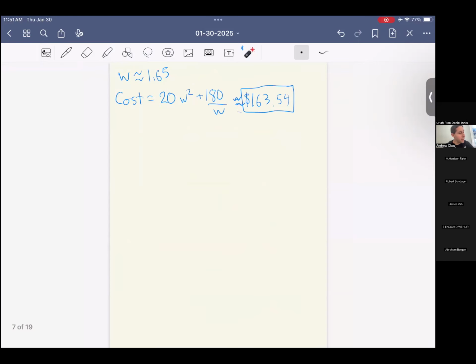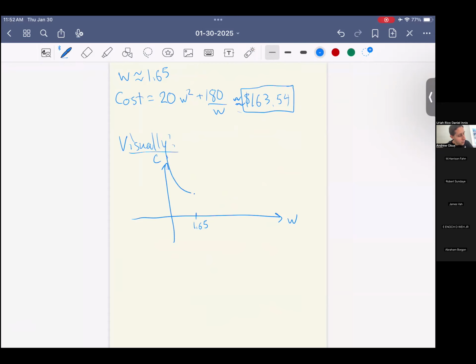Kind of visually, what happens if we look at our cost function, if this is our width and this is our cost, then we're going to have at 1.65, this is going to have a minimum. So basically, the smaller we make the width, the cost is probably going to go up. And then over here, we have a minimum.